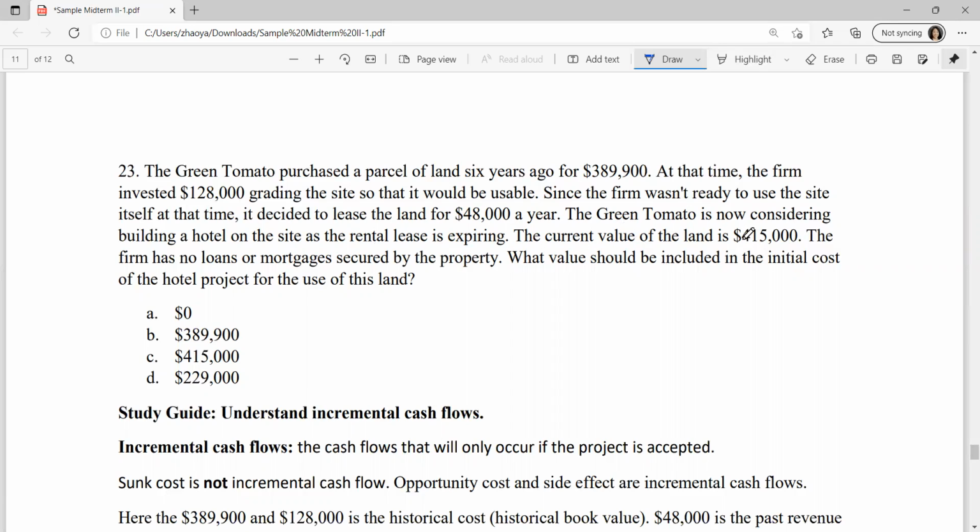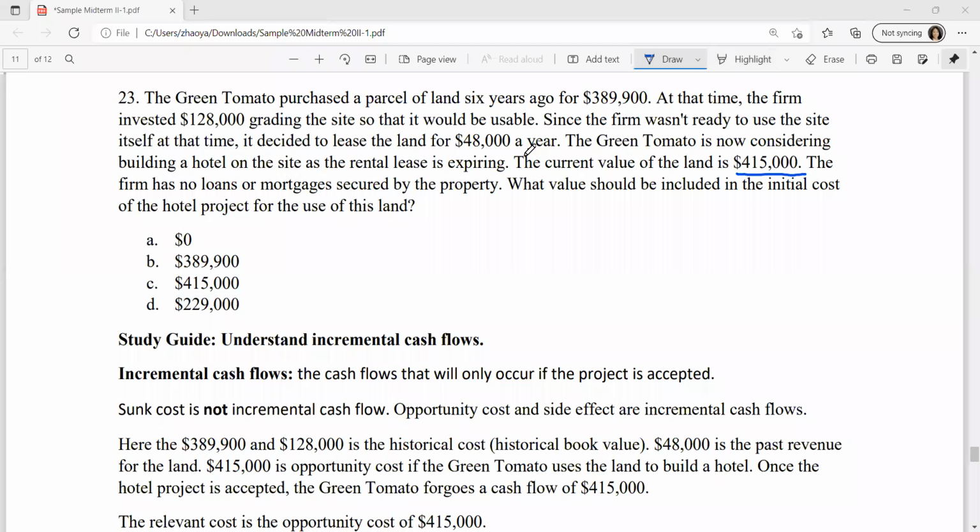The current value of the land is $415,000. The firm has no loans or mortgages secured by the property. What value would be included in the initial cost of the hotel project for the use of this land?